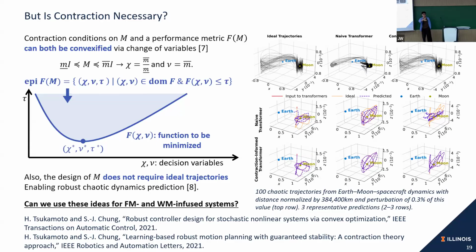So you have a gravity force between them, and that creates what's called chaos. This is actually a restricted three-body problem in the sense that one of them has a significantly smaller mass compared to the other two. So we have the Earth, Moon, and the spacecraft as a three-body system, and they are affecting each other through gravity.